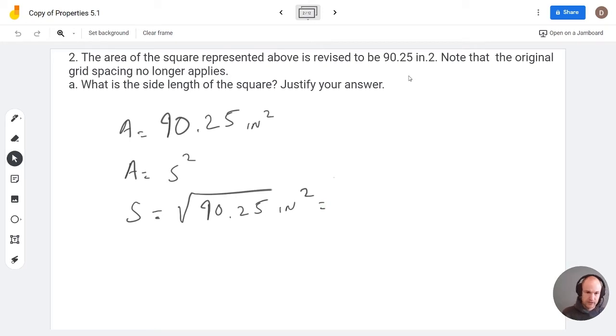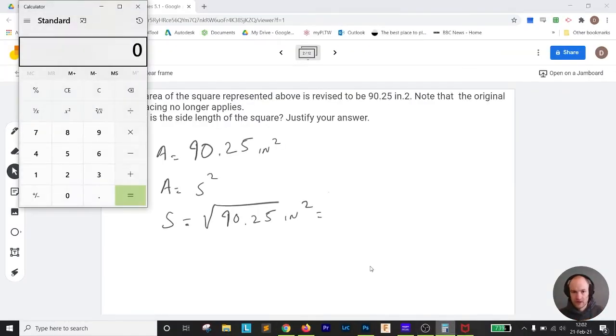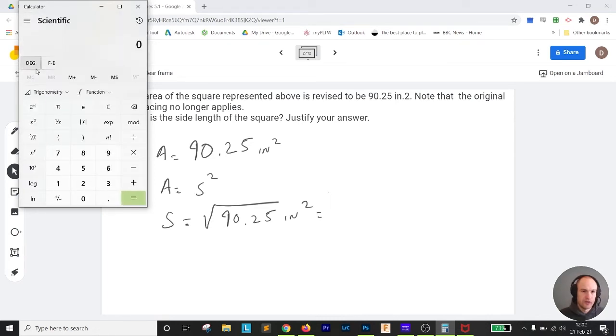And we can do that right in the calculator. So let's get the calculator out. And I think I need to get into the scientific view. Let's see. Is there a square root button on here?